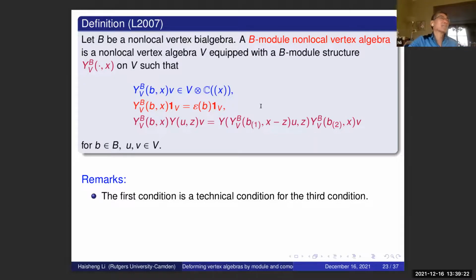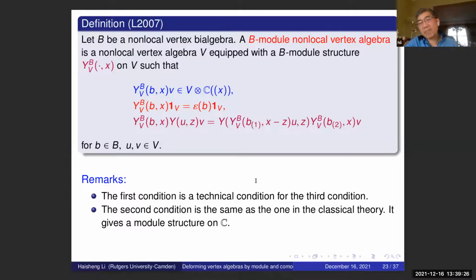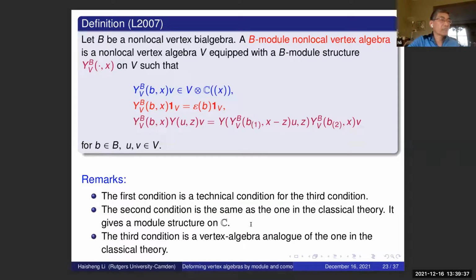Second one, not new, the same as the classical theory; it simply means you have a one-dimensional module for that. For the third condition, it is simply the vertex algebra analog of the classical one. So that's the module vertex algebra.